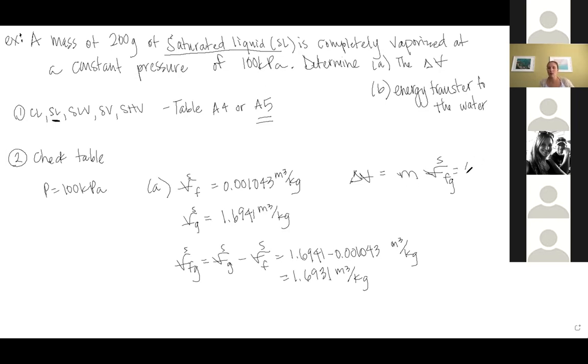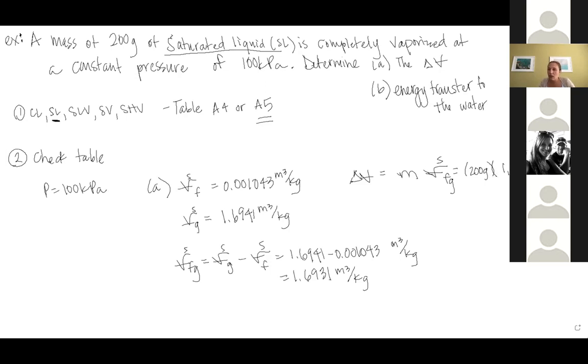So now we know 200 grams times 1.6931 cubic meter per kilogram. And we want to cancel the kilograms and grams. So we're going to need to convert these grams into kilograms.